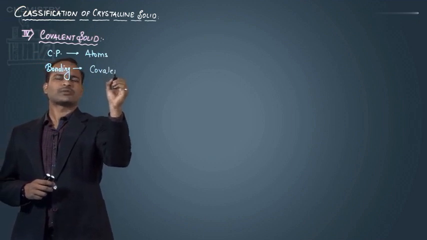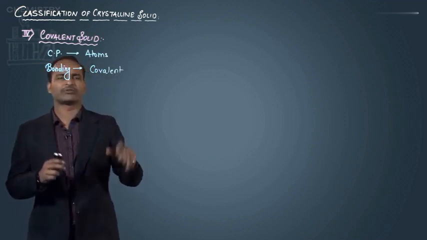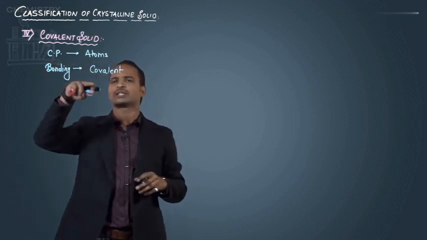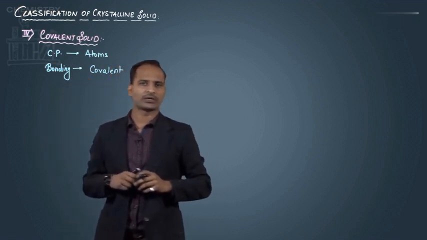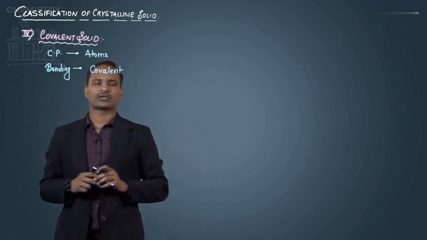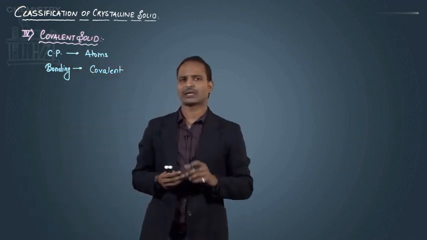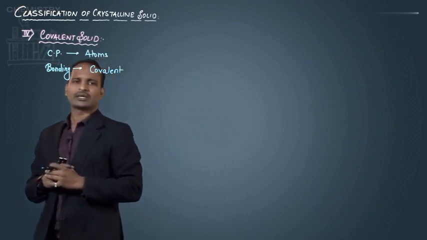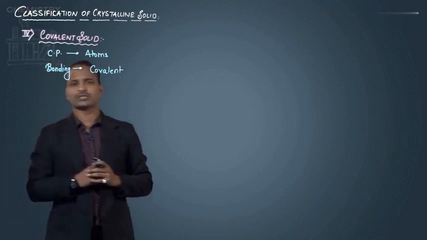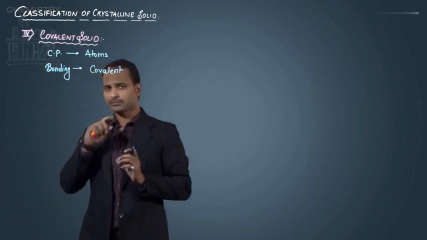A continuous system of covalent bonding is going on between the atoms, and that's why the name is given covalent solid. Examples for the covalent solid are carbon, silicon carbide, silica, graphite, etc. These all are examples where covalent bonds are present between the atoms.